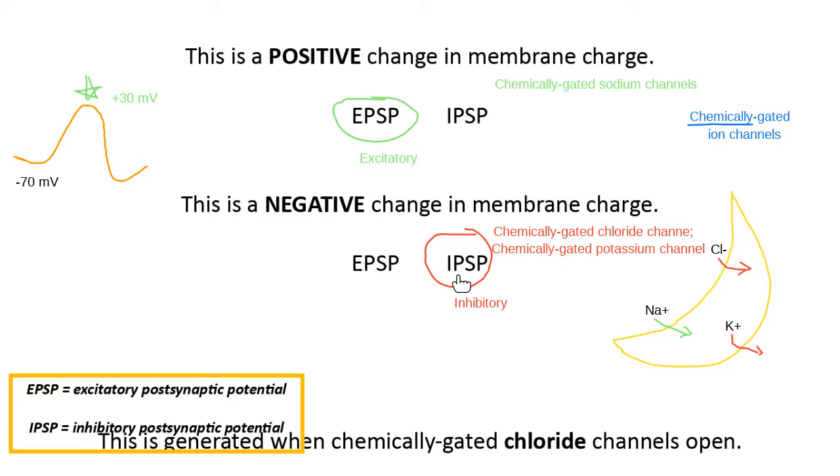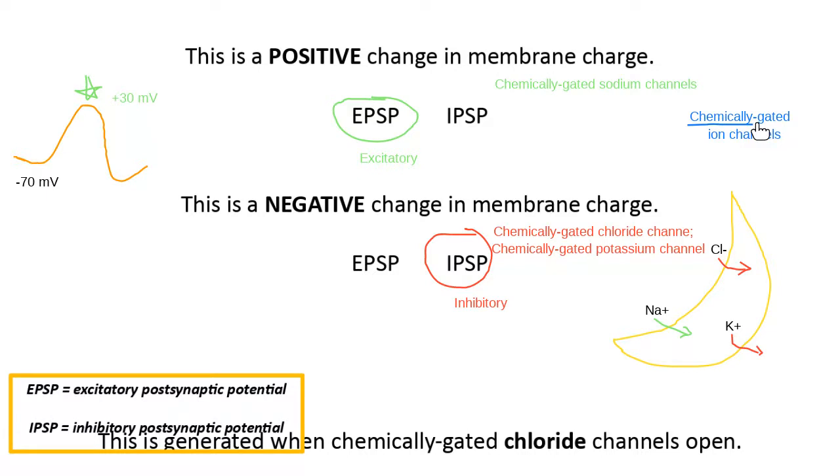If I ever mention EPSP or IPSP, first thing I want you to think is neurotransmitters. The way that I make these things is when neurotransmitters attach to my channels. And the second thing I want you to always think when you see EPSP or IPSP, I want you to be thinking chemically gated channels. Chemically gated. Because it's all about those neurotransmitters.